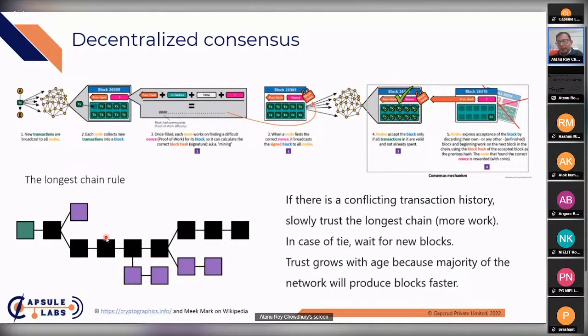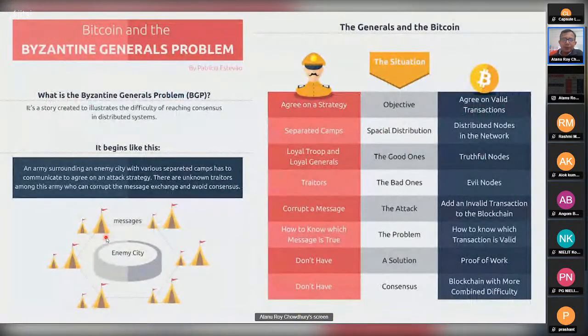And this in turn solves a very fundamental and notorious problem within the computer science domain itself, called the distributed consensus problem, as is shown by the Byzantine generals problem, which is about agreeing on a time to attack an enemy city, where the generals may or may not trust each other.